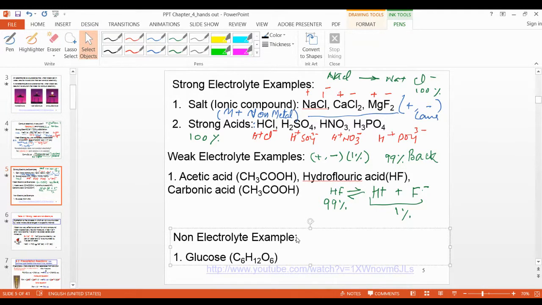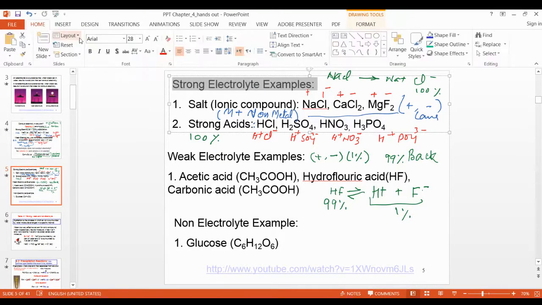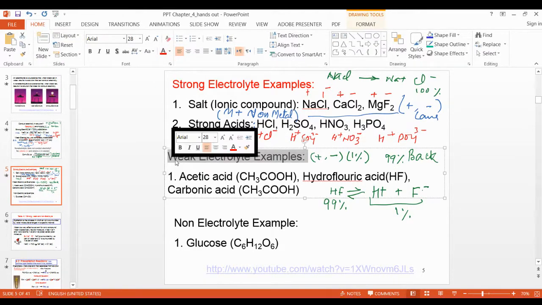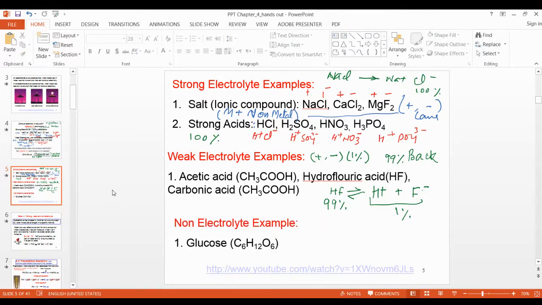So these few examples you can memorize. It is not a big problem. Is this okay? Examples? Yes. Yes, doctor.